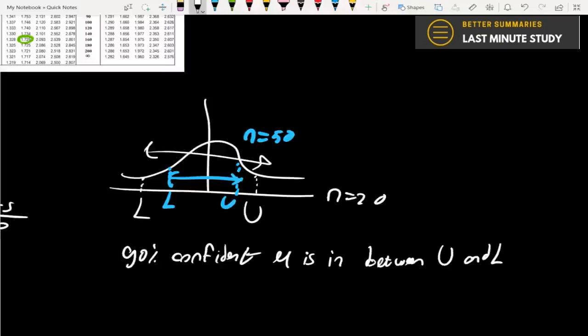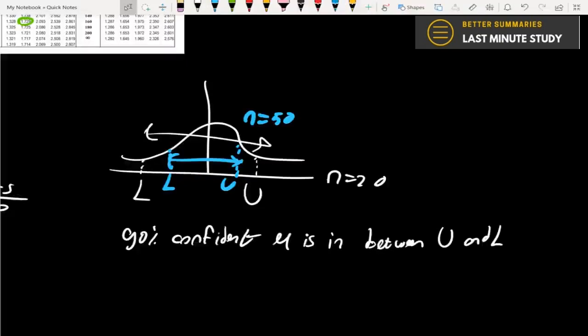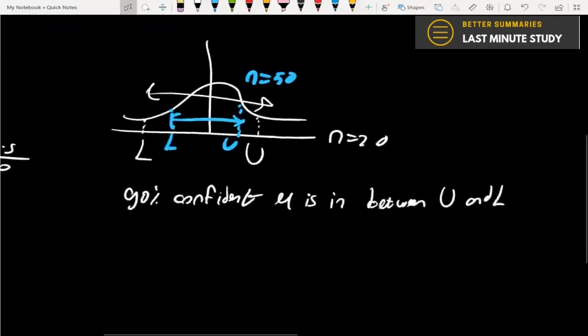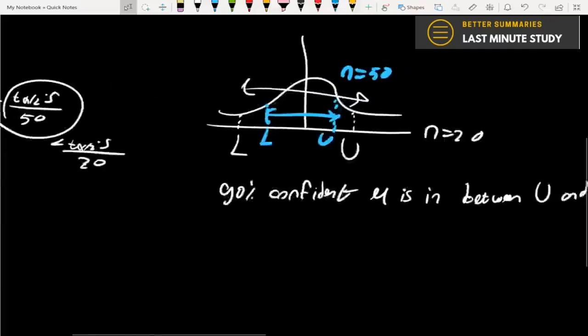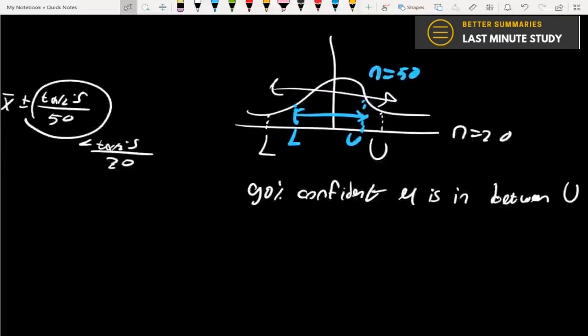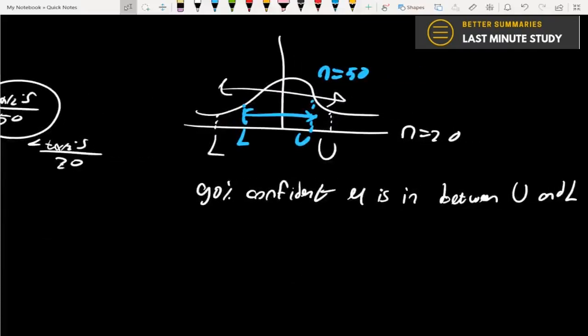So I've got more information than I used to have, so I can say with more confidence that my mu is an element of some interval. Since I've got a larger sample, I'm more confident in stating that mu is in between L and U. That's the reasoning behind it for part B. So it's decreasing as n increases. That's it.